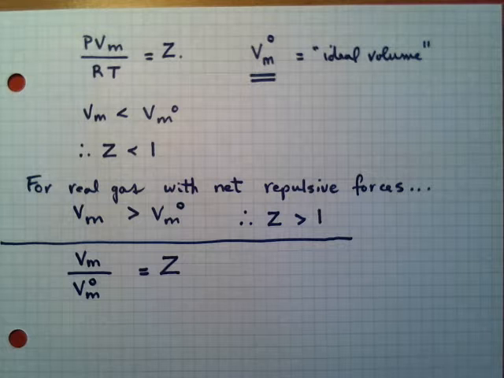So we have easily compressed gases, and easily compressed gases have their Z value, think about it, slightly less than 1. An easily compressed gas, like propane, is very easy to compress. Think of your propane gas tank.